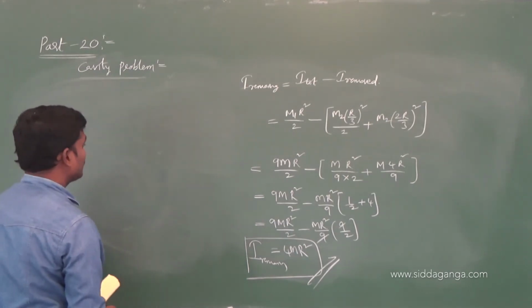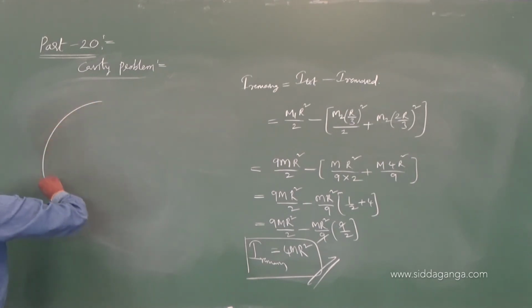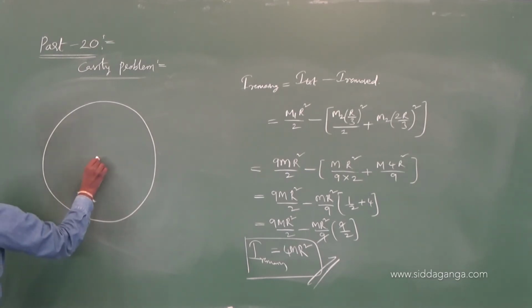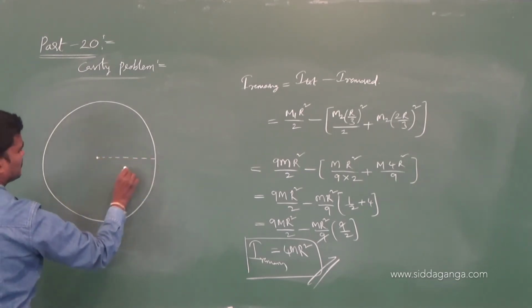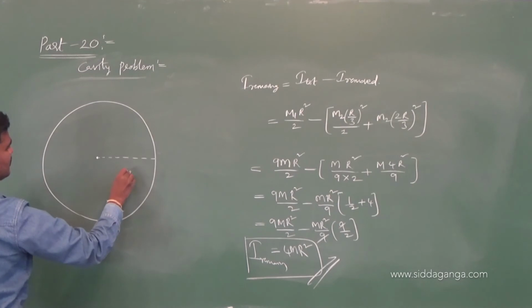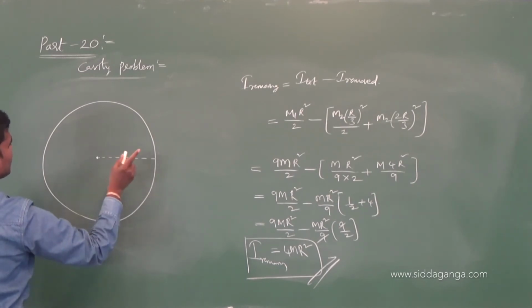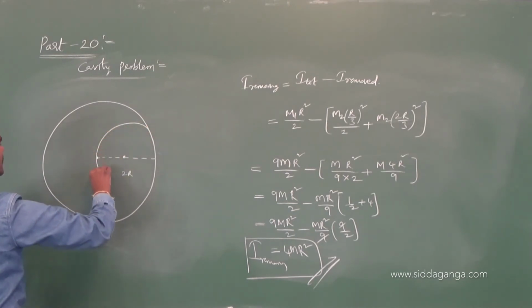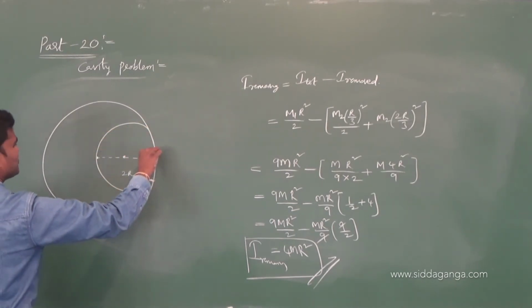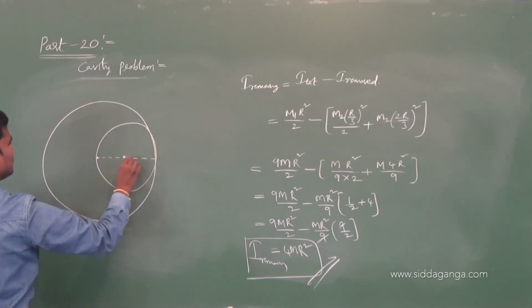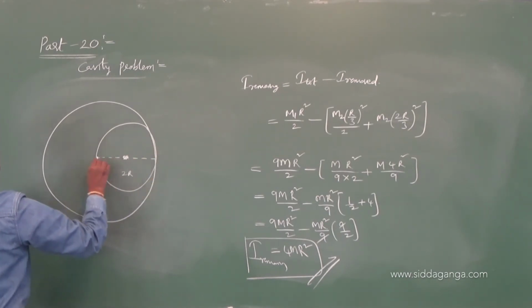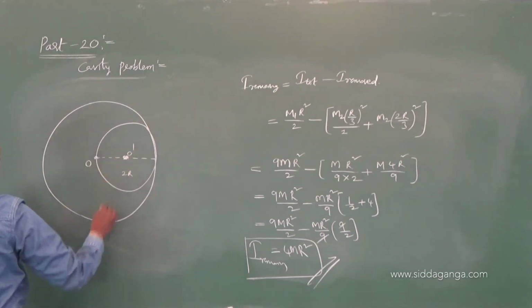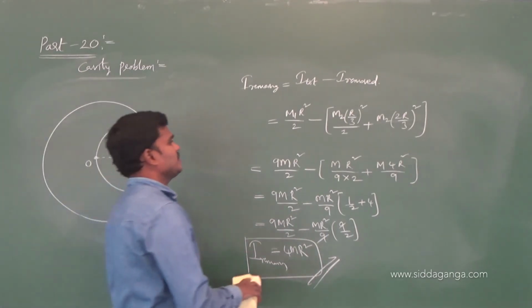The question is, from a circular disc of radius 2r, another disc of radius r is cut. Then find the moment of inertia of the remaining part. Do it fast.